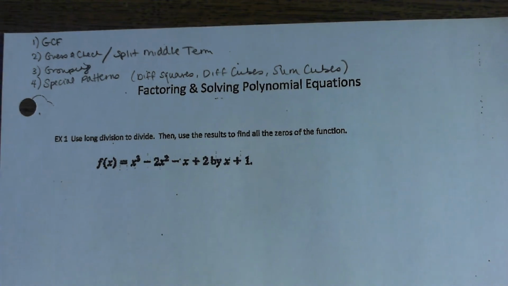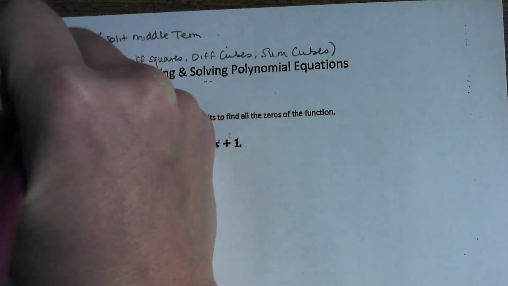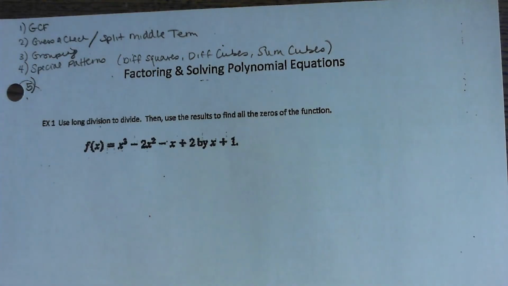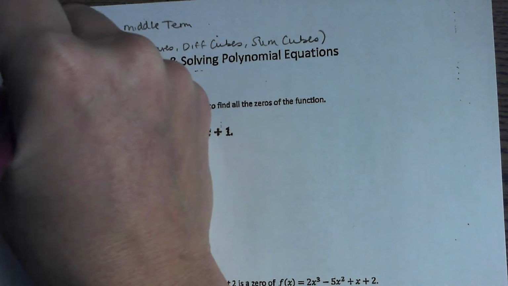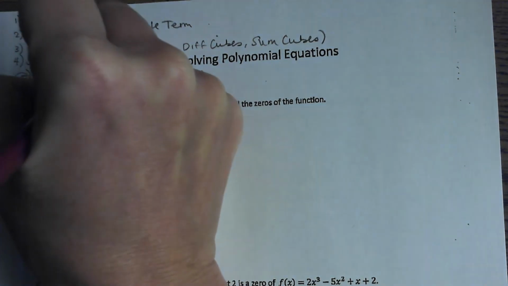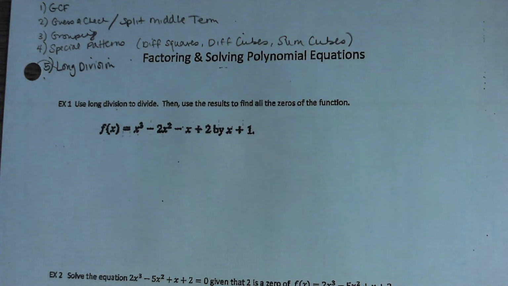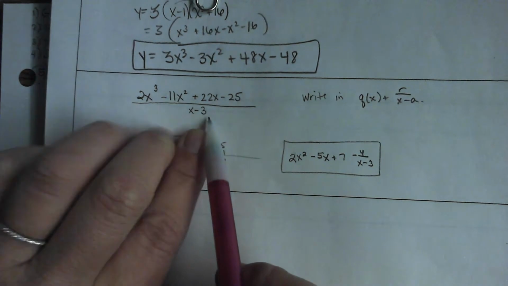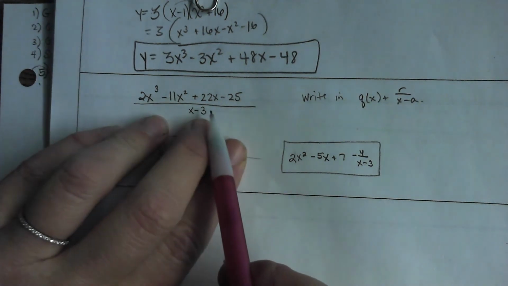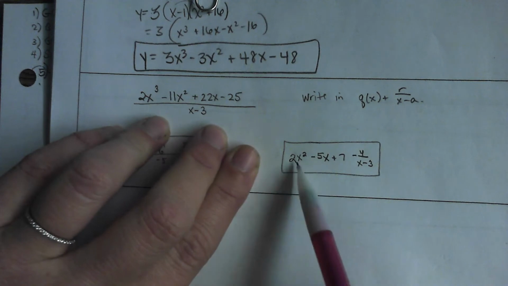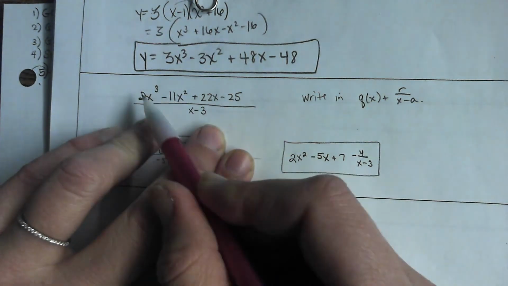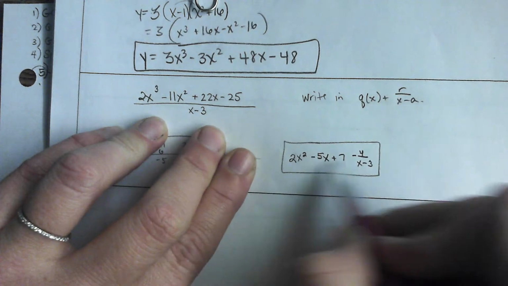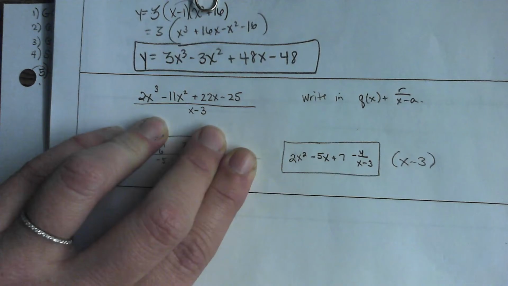When those aren't possible, the final method of factoring that you need to know how to do is understanding that long division is your way of factoring out something. So on your warm-up, we factored out x minus 3. When we divided out x minus 3, this was our answer. Your original factored into this times the x minus 3 that you divided out.